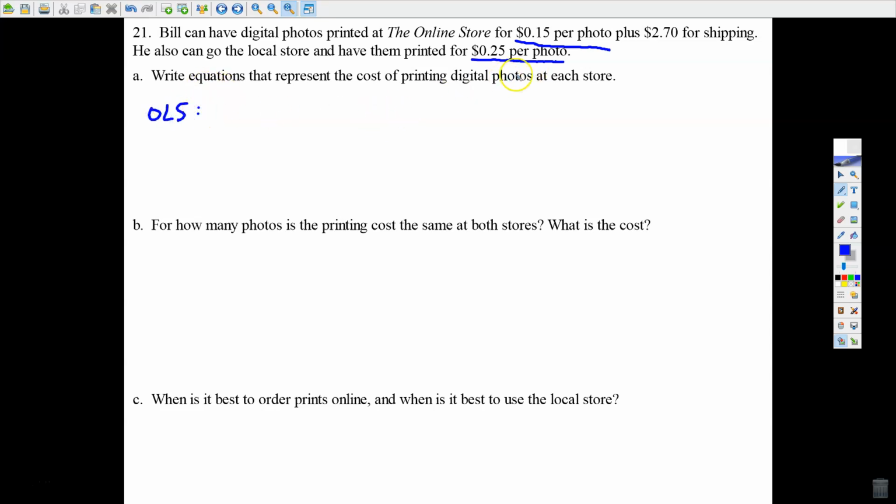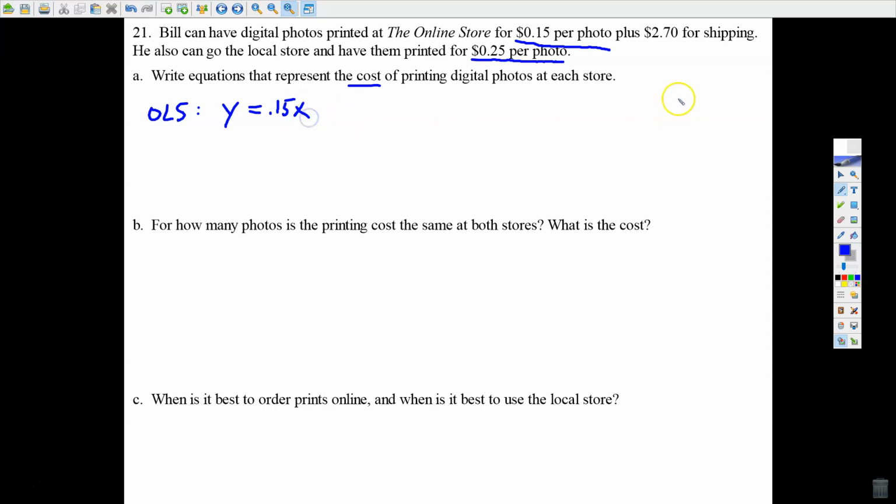That tells me that if I'm looking at the online store and I'm supposed to write an equation, this is going to be linear, y equals mx plus b. So y is going to be how much I'm going to pay. How much money is it going to cost? And since it's given per photo, that tells me I'm going to be multiplying 0.15 times something, and that something is the number of photos being developed.